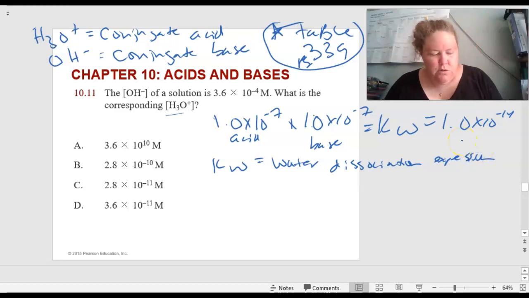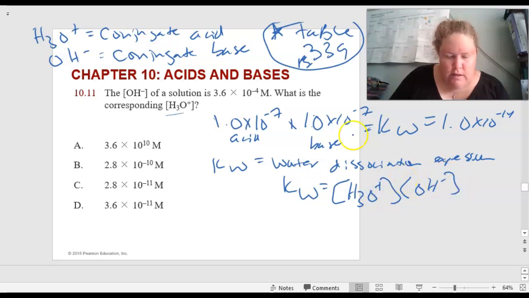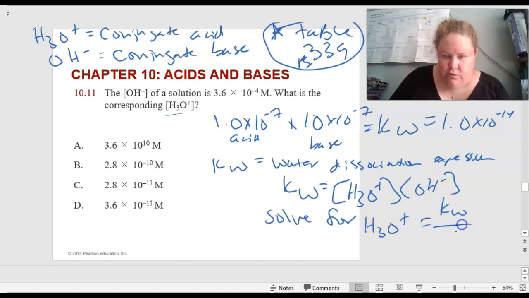So what we're going to do is we have your formula of KW equals H3O plus times OH minus. And then if you solve for your H3O plus, that ends up giving you the formula of KW over OH minus.